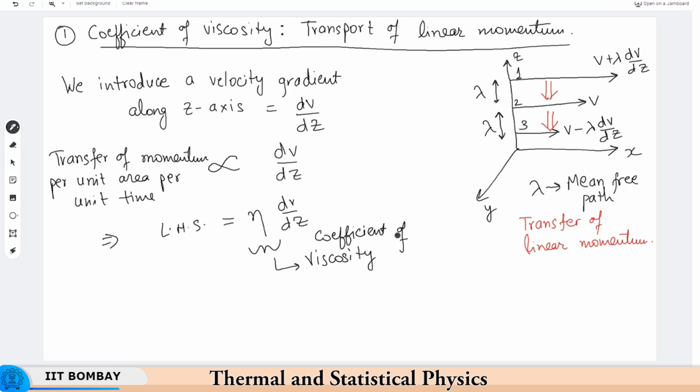So this resistance that is felt by these gas molecules can be measured using this term that we have defined as the coefficient of viscosity. Now basically our job is just to evaluate the amount of this momentum transfer between two plates and find out the expression for viscosity, all right.